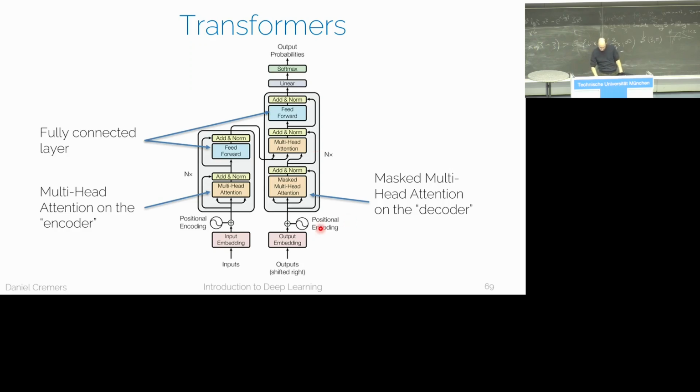But depending on the application, input and output could vary. So for example, here output shifted right. If it's predict the next word, then basically the input would be the text up until then, and the output would be the next word, or the whole sentence, including the next word, if you will.